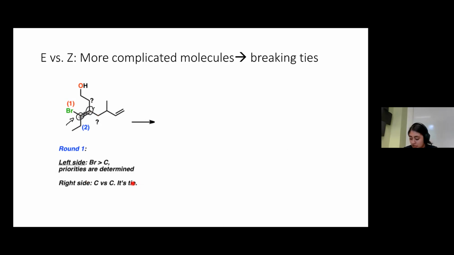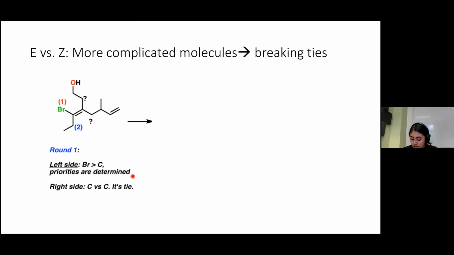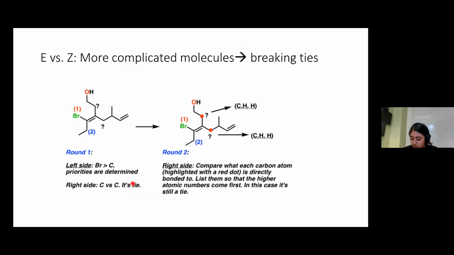Whenever you come into that issue, what you do next is look at what those 2 carbons are attached to. We had looked at what was attached to that carbon; next, we'll look at what is attached to these 2 carbons right here.